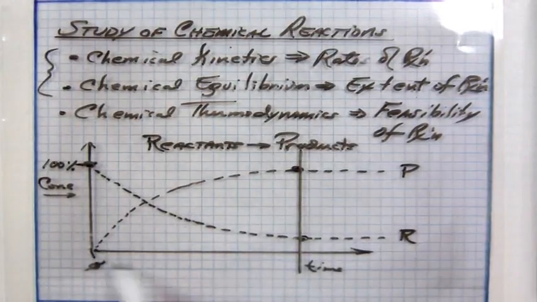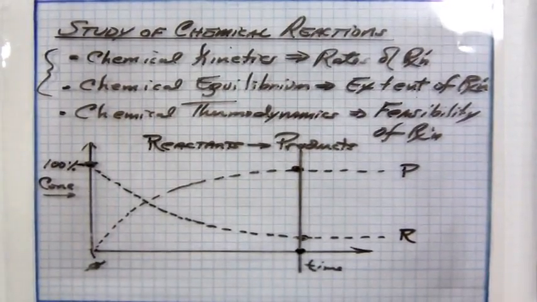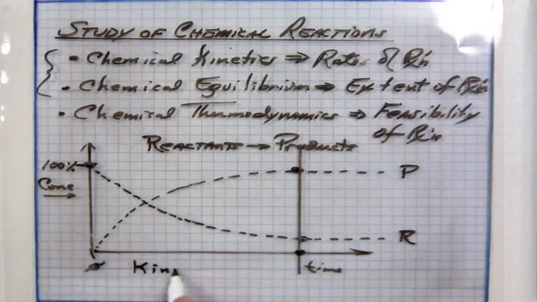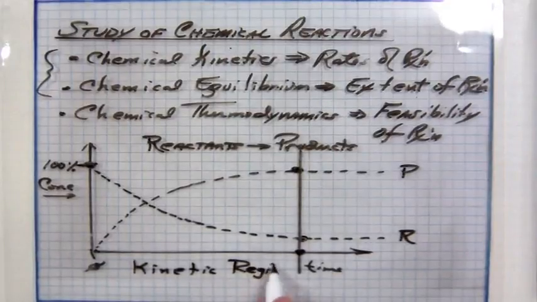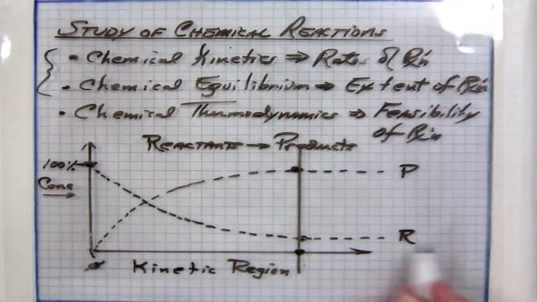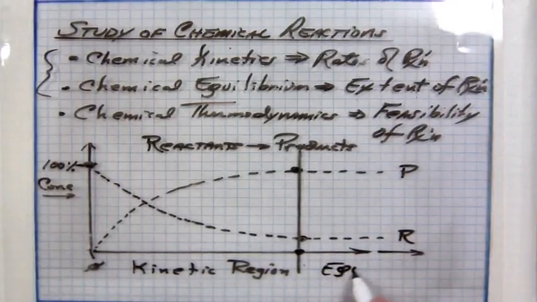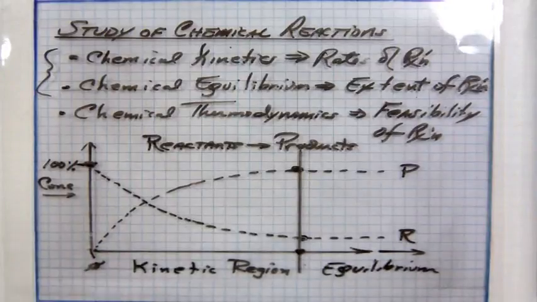So this rate is a change in concentration, which we've spent so much time at the beginning of the semester studying, as a function of changing time. And this concept right here defines what we call the rate laws. So the kinetic region uses a rate expression or this speed expression.